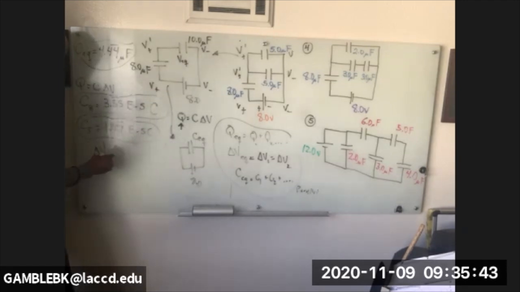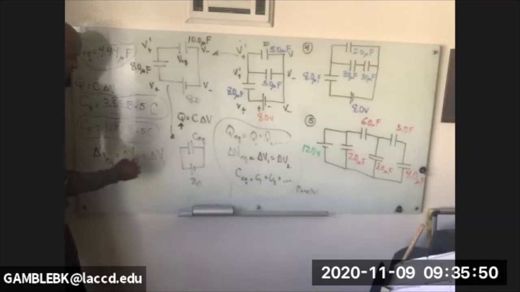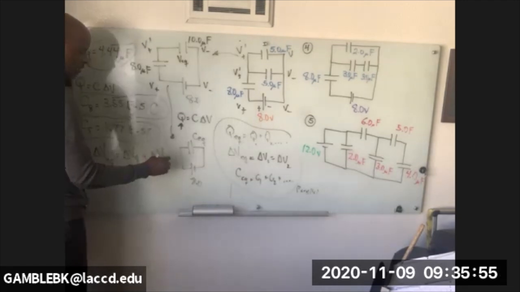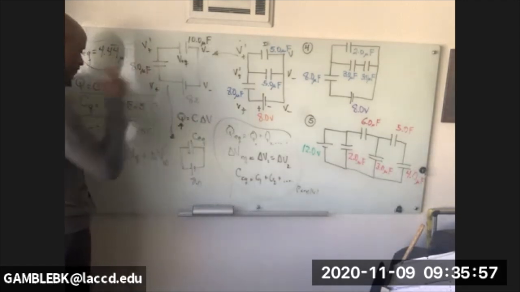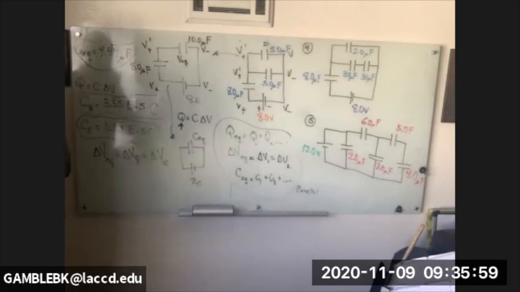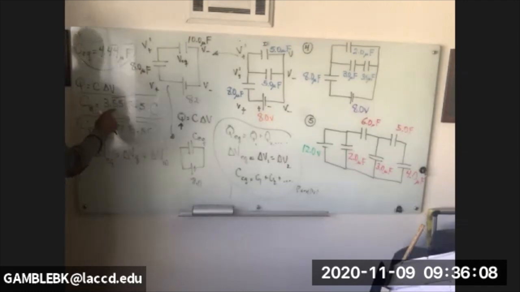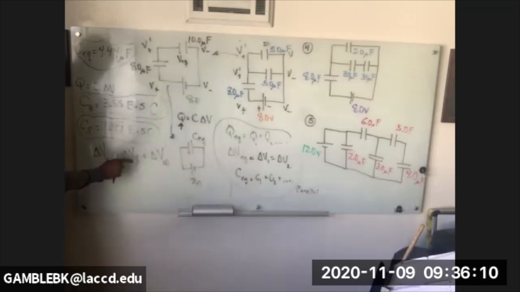So the voltage relationship for these two capacitors as well as the equivalent is the following. The voltage across the equivalent capacitor is equal to the voltage across the 8 microfarad capacitor plus the voltage across the 10 microfarad combination there, which means that I can figure out what that voltage is because I know how much charge dropped across it, 3.55.